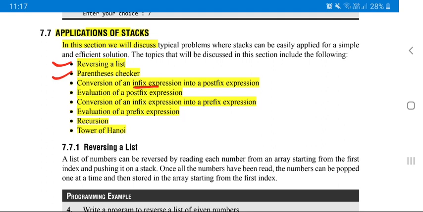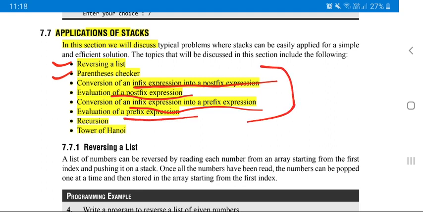And converting an infix expression into a postfix expression, evaluation of a postfix expression, conversion of an infix expression to a prefix expression, and evaluation of prefix expressions. All these things come under one topic called Polish notation, which I will explain now.